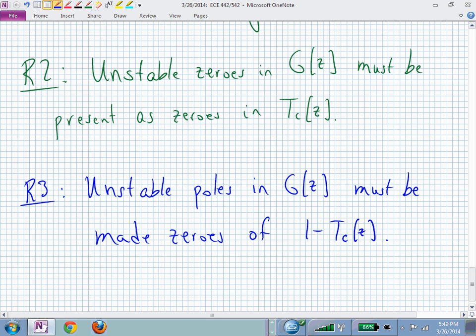Meaning you now will evaluate this expression at the unstable pole location and say that quantity has to equal 0. That's what I'm meaning here. And that's going to force certain restrictions or relationships on unknown coefficients in T sub C of Z.